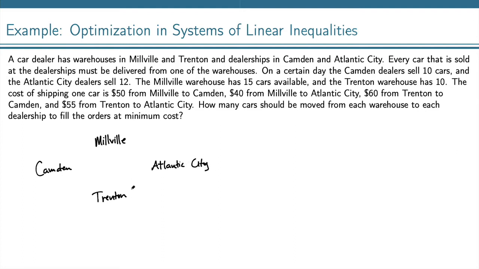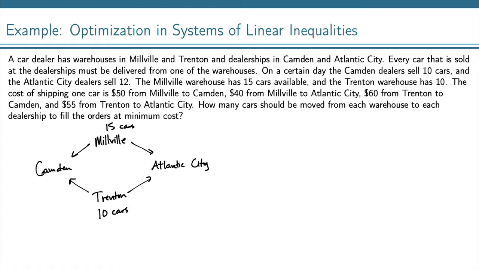Now we can send cars from Trenton to either of those dealerships or from Millville to either of those dealerships. We know that Millville has 15 cars available and Trenton has 10 cars available.